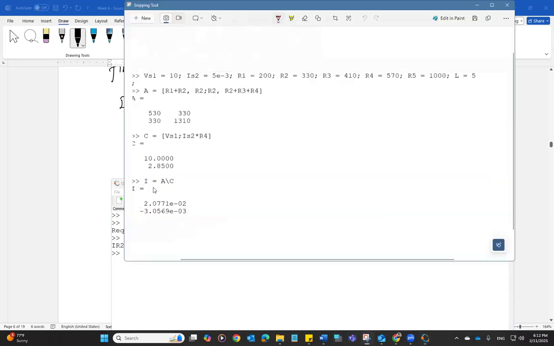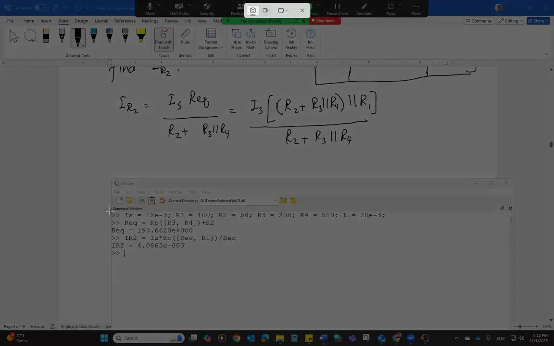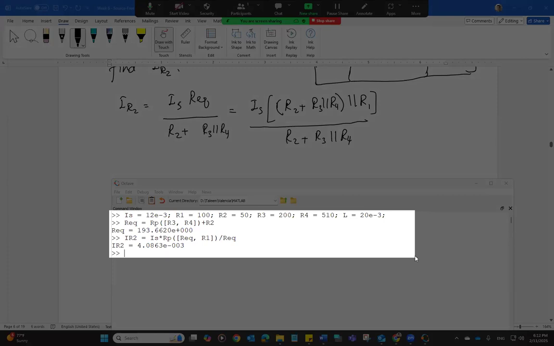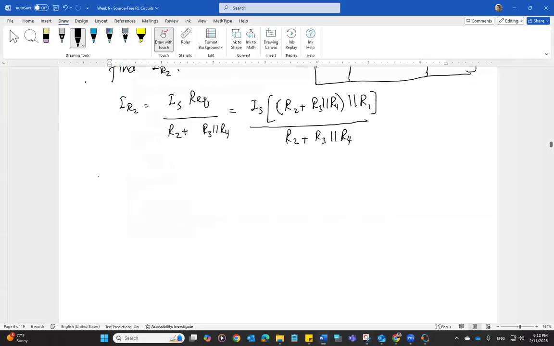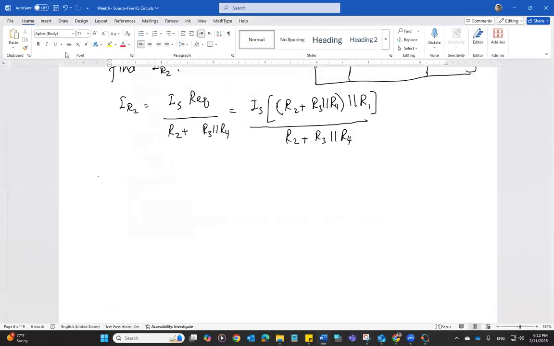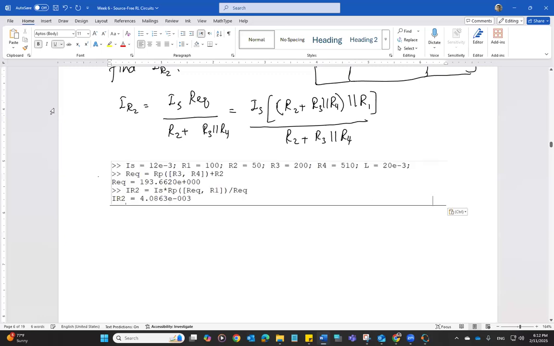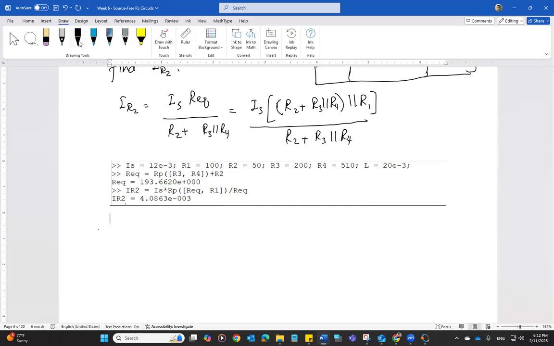So let me just cut and paste this work as well. This is my IR2 equals 4.08 milliampere.